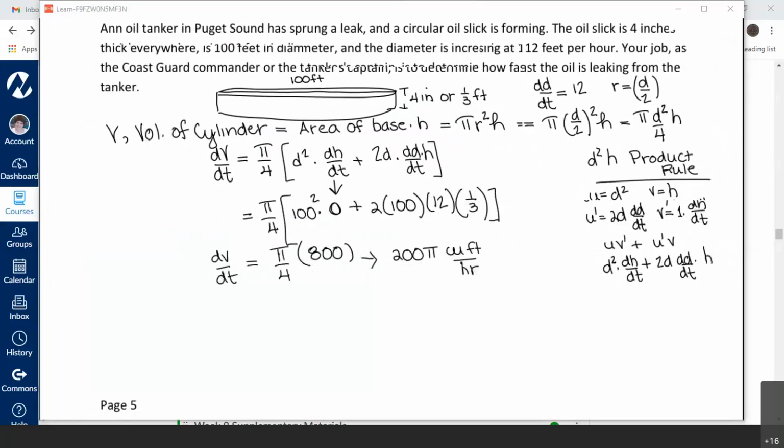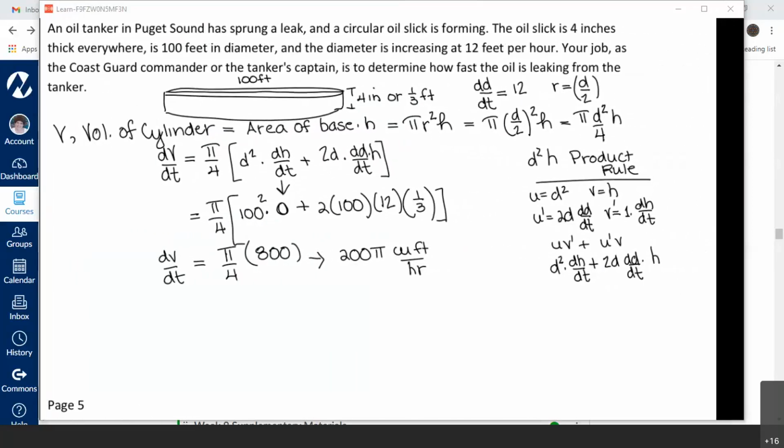I just divided out the 4 there. That's the exact answer. But the captain or the Coast Guard is probably not going to be too thrilled with pi, so we can approximate this by plugging in an approximation for pi. And I get 628 cubic feet per hour.